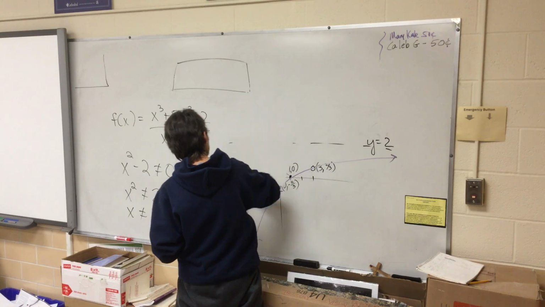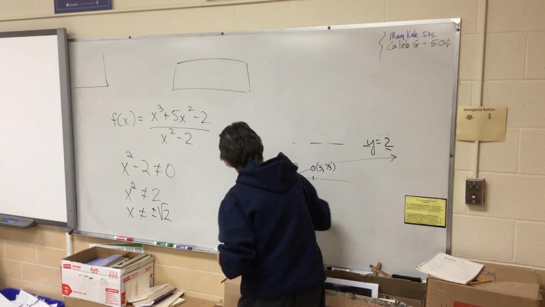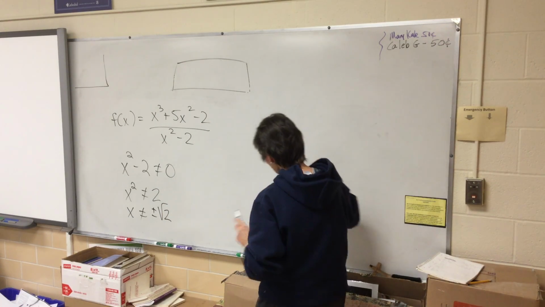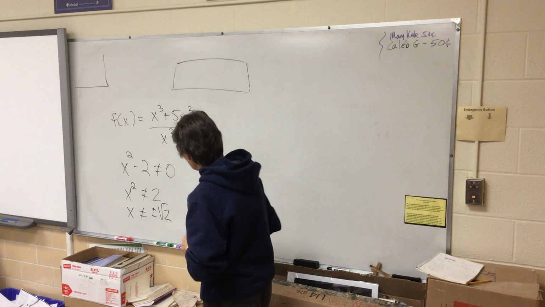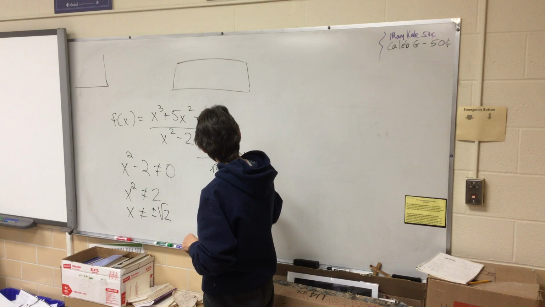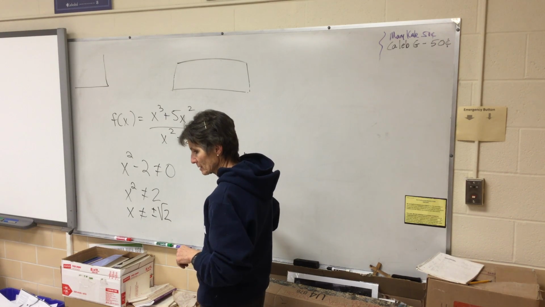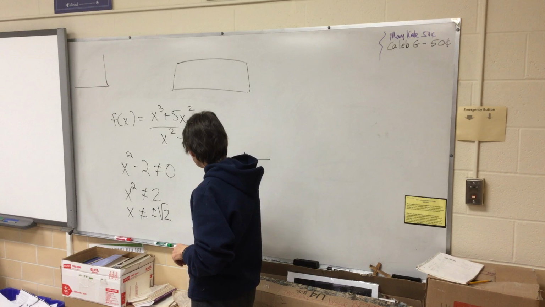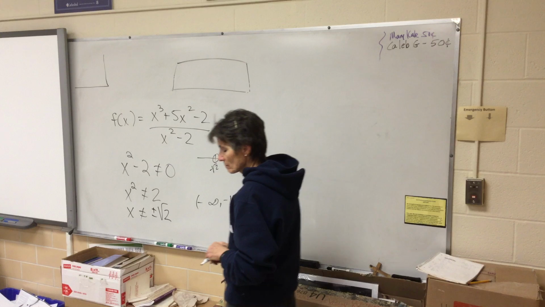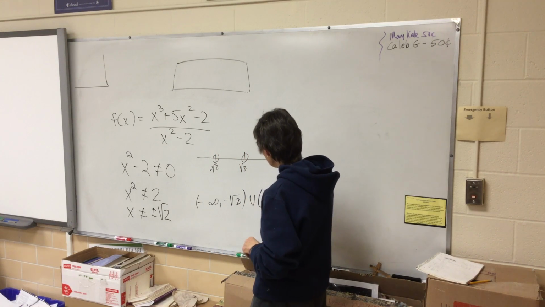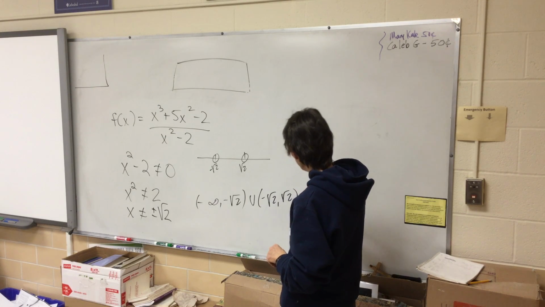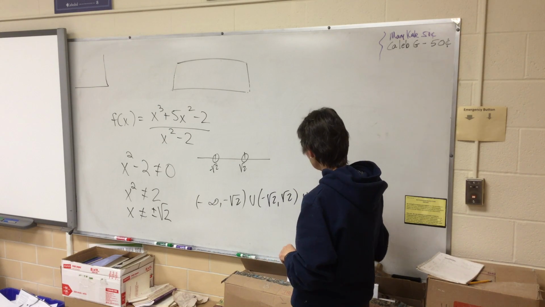So how am I going to write my answer? This is basically what it is, but that's really not the way I should write my answer. Think about it. It's everything except these two numbers, right? So I'll say negative infinity to negative root 2, or negative root 2 to root 2, or root 2 to infinity.